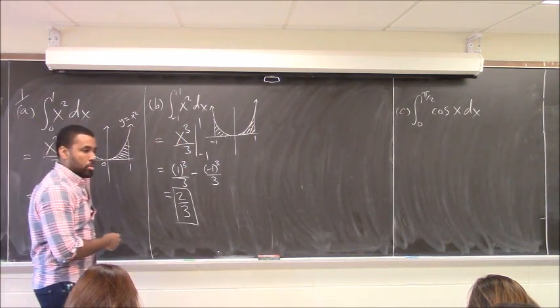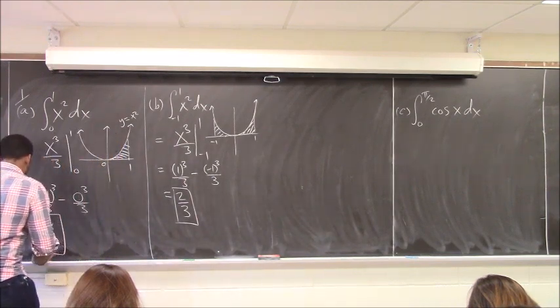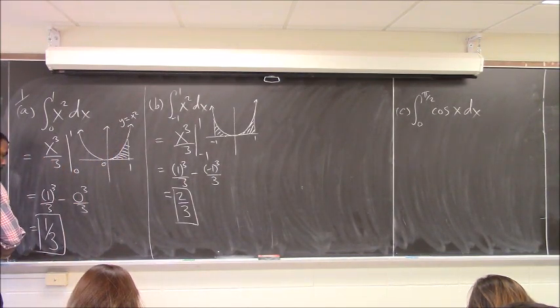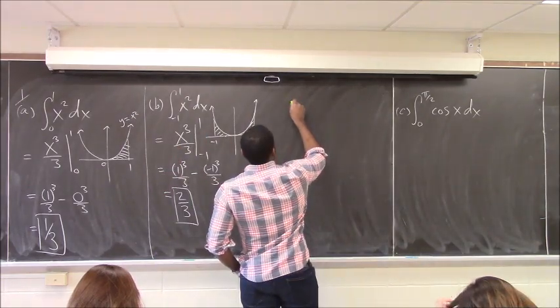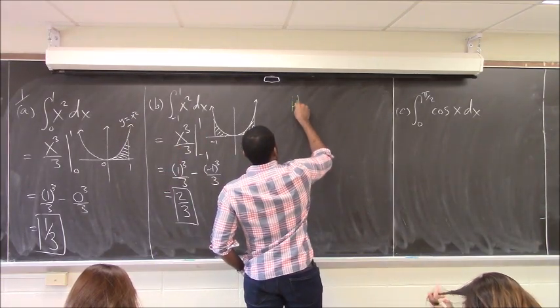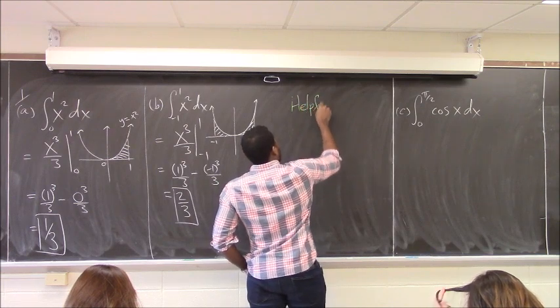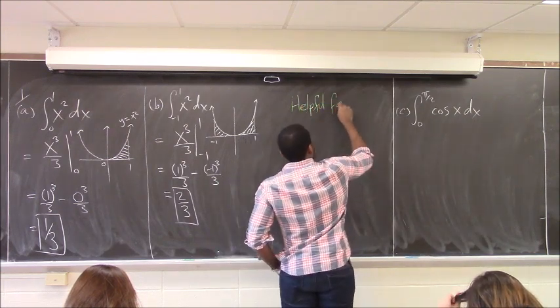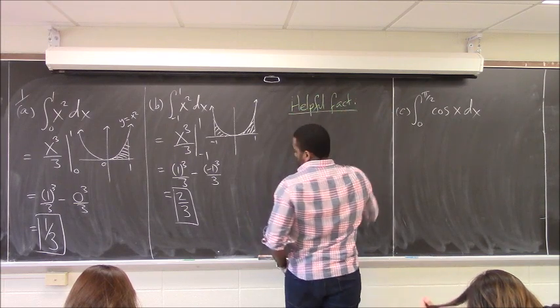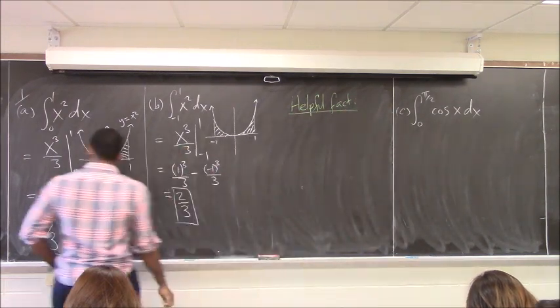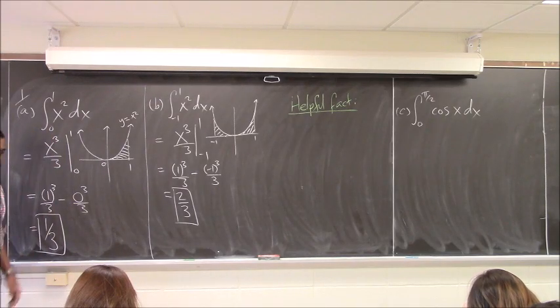Now, at this point, I want to mention something that's going to be convenient for you to know, a helpful fact. It's going to be quite helpful for you in this calc class and future calc classes: something like this always happens with even functions.